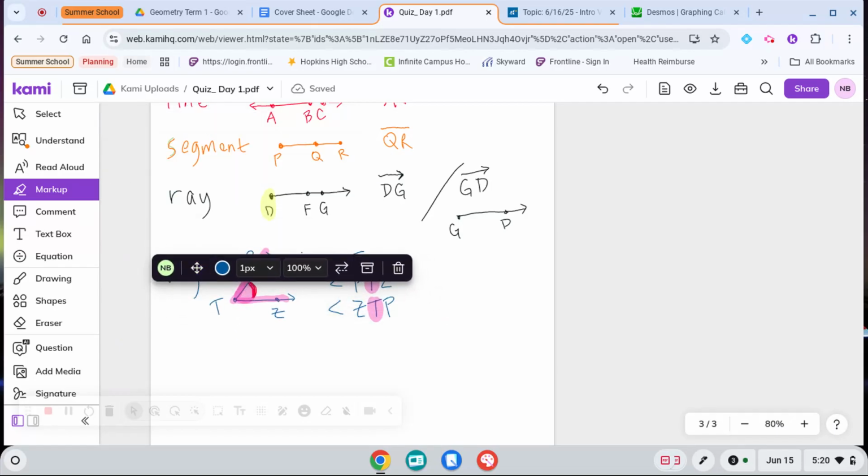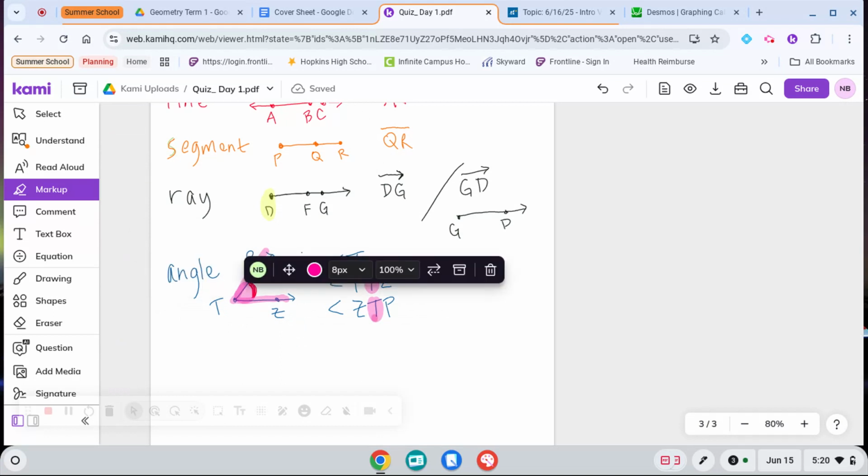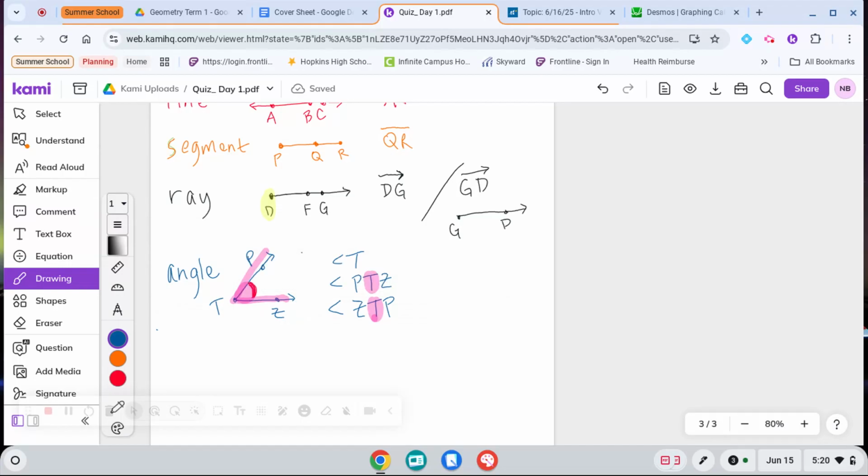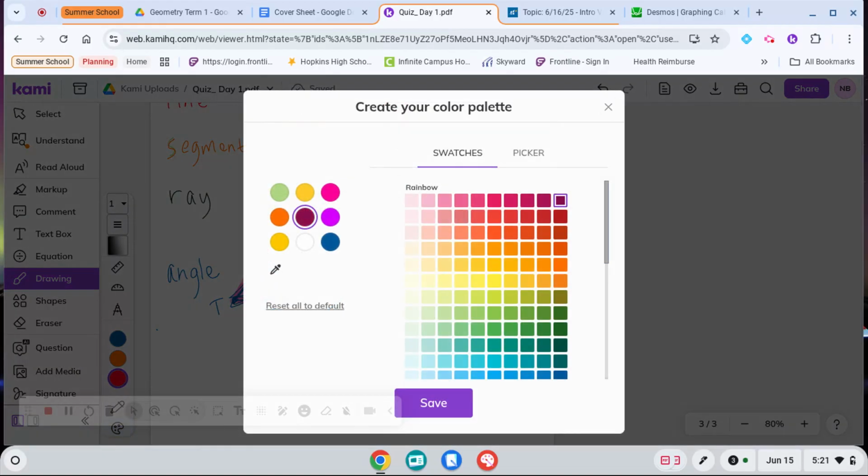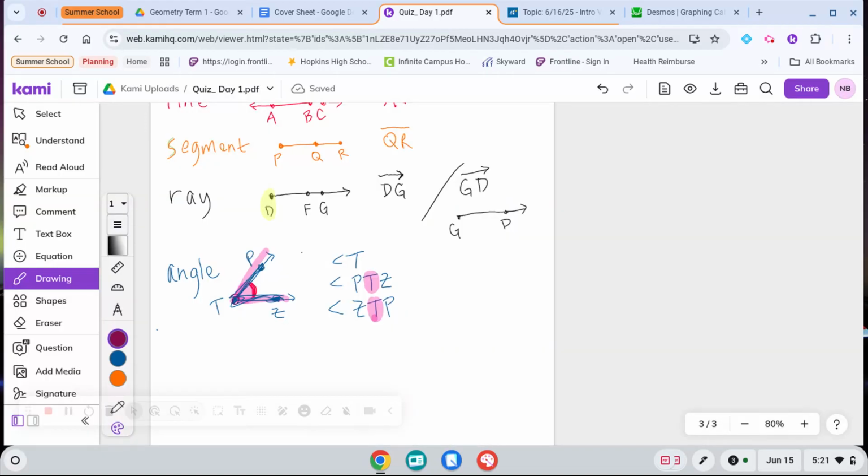If we trace it Z to T to P, then we have drawn this image. But if we go like TPZ, T to P to Z, we've created an angle elsewhere.